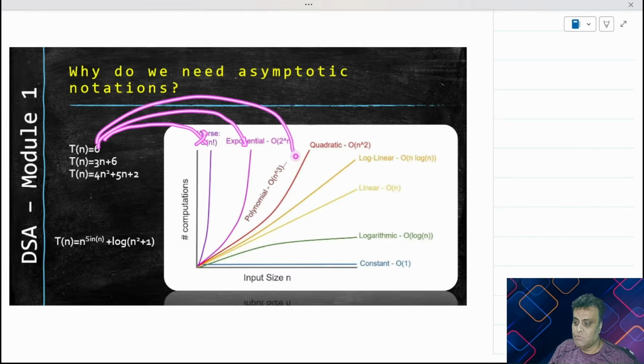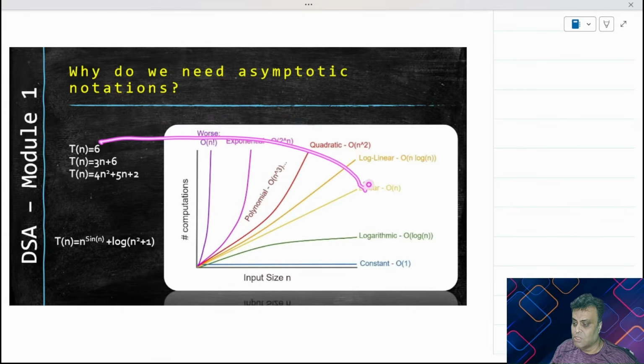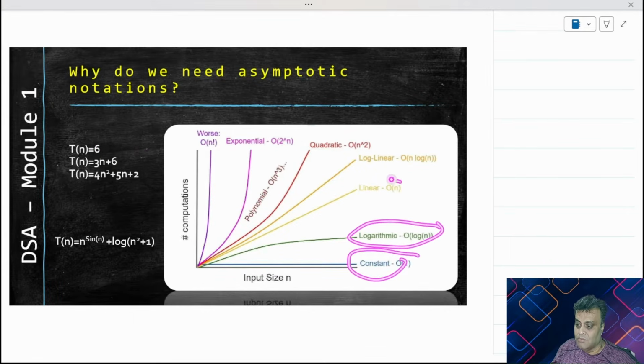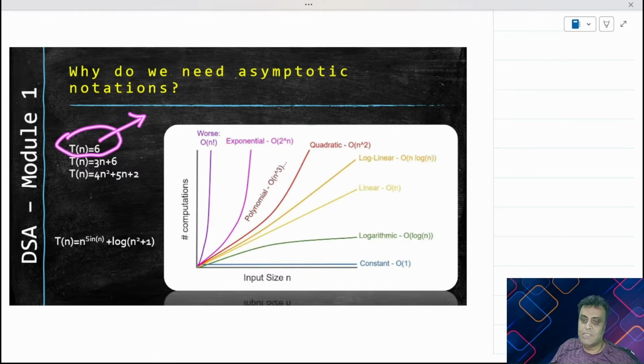So it has to fit into any one of these classes, right? And then you can actually go to the external entity, whoever you want to proclaim that, yes, I have created an algorithm which is of constant time, which is of logarithmic time, which is of linear time, right? So if you see this 6, if you calculate for any algorithm and you get a time complexity of 6 from that algorithm, and please refer to my previous lectures how to calculate it, you will understand. Now, I'm not going to go there.